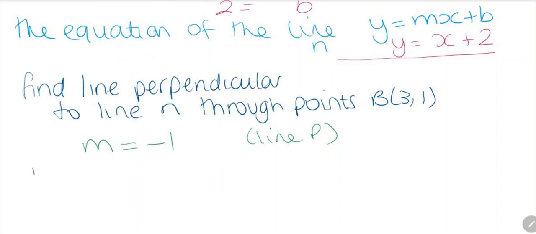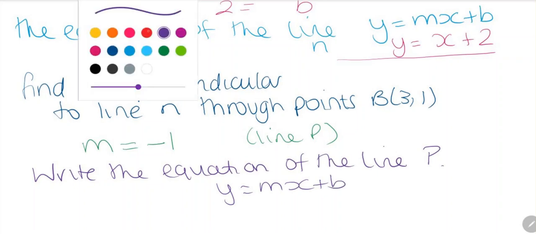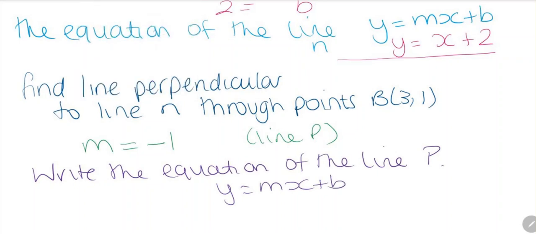So if we write the equation of the line for line P, y is mx plus b, and substitute in the values. So the y value, we have 1, the slope is -1, the x value is 3, and plus b.